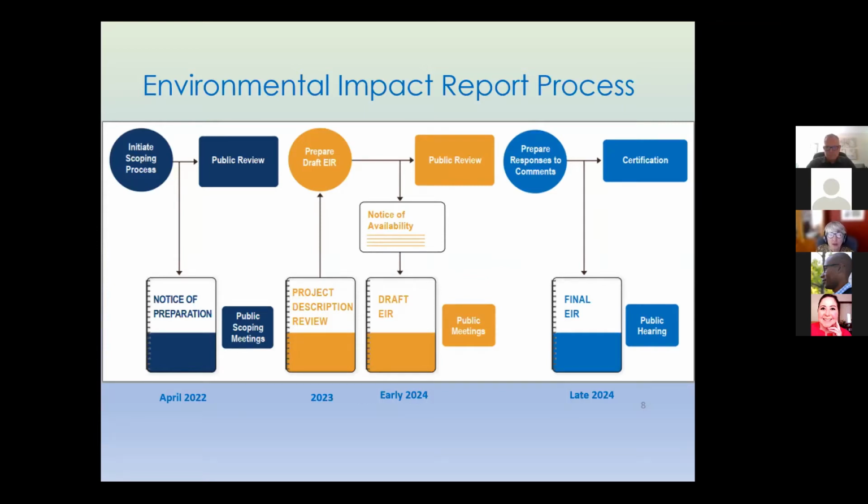The JPA will also publish a scoping report summarizing the comments received during the scoping process and indicating how those comments are being addressed in the draft EIR. Then we'll conduct the environmental investigations, circulate the draft EIR for public review, and hold public meetings to explain the EIR's findings.